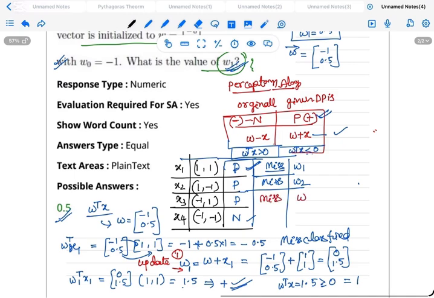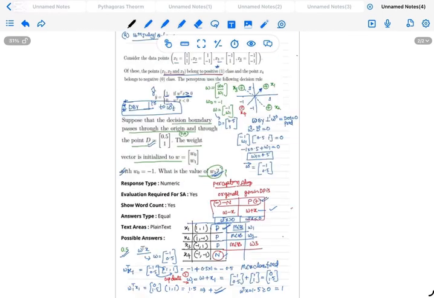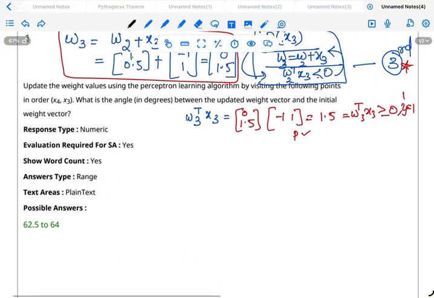The weight vector is updated to W3, and now the last data point X4, which originally was negative. Find this value: W3 transpose X4, the last data point.